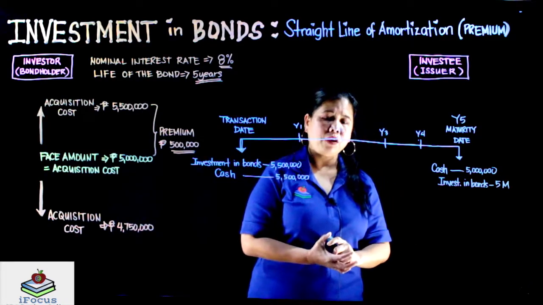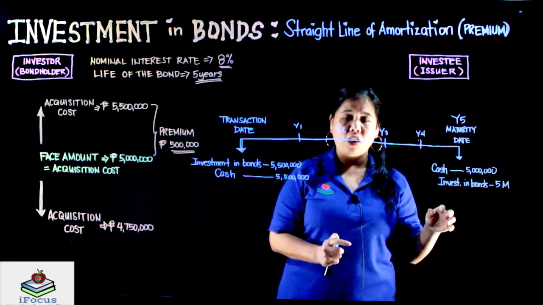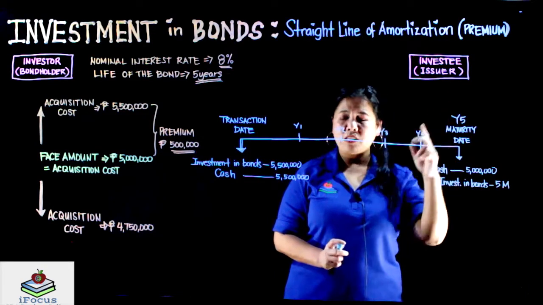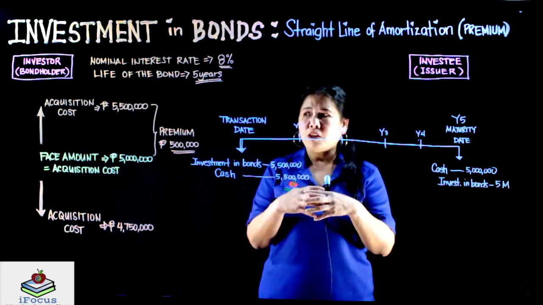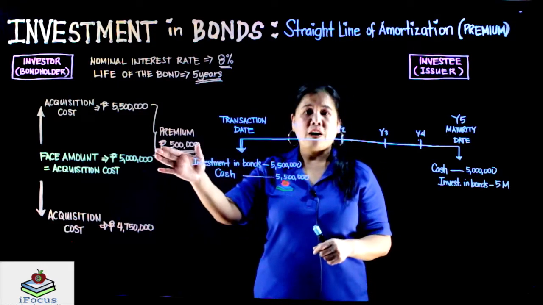Ang matatanggap lang ng investor from the investee is yung face amount na 5 million. So, ang ibig sabihin, kung in-acquire niya ng 5,500,000, parang natalo siya ng 500,000.